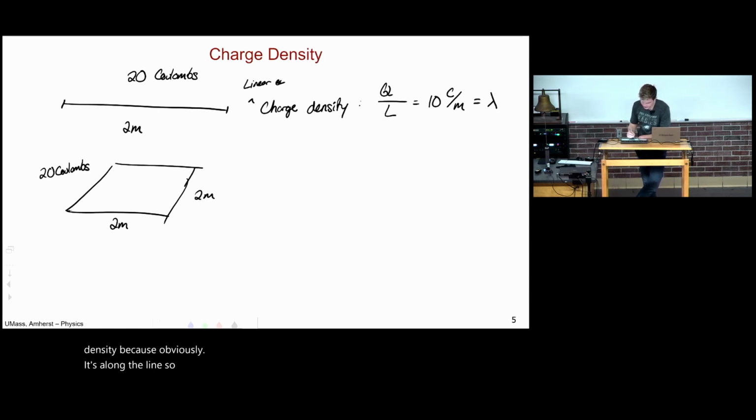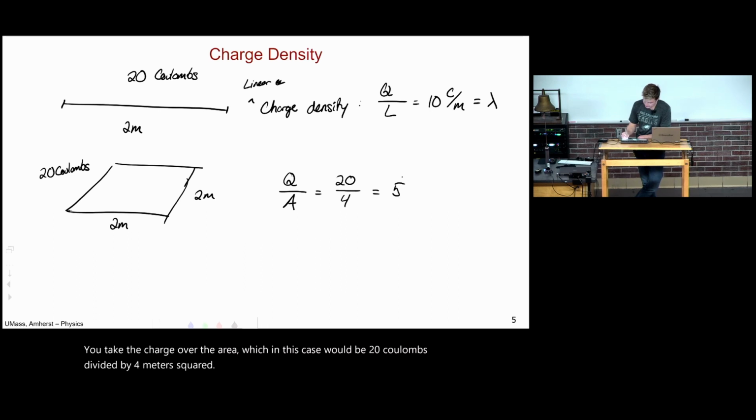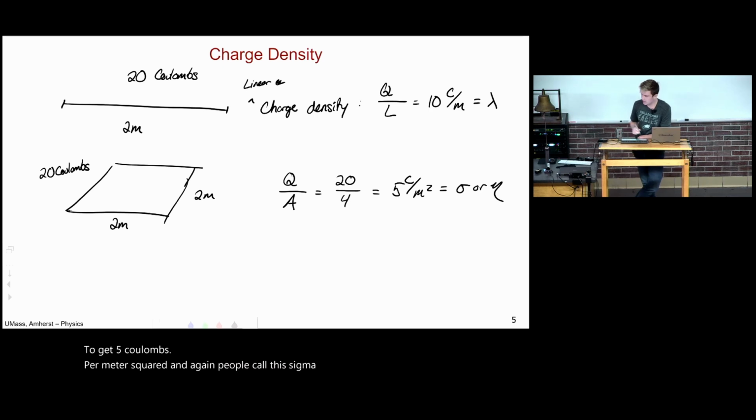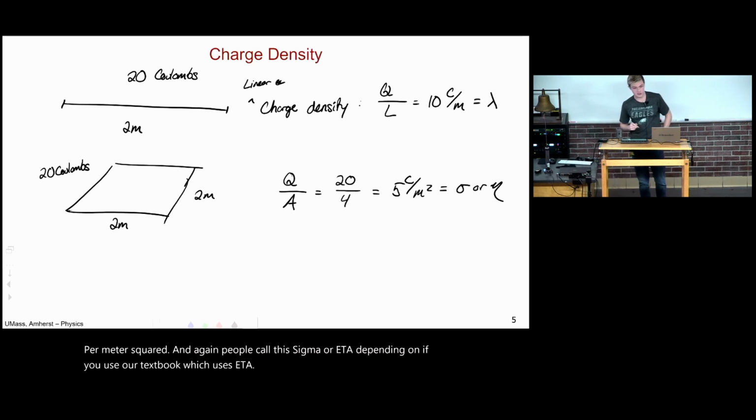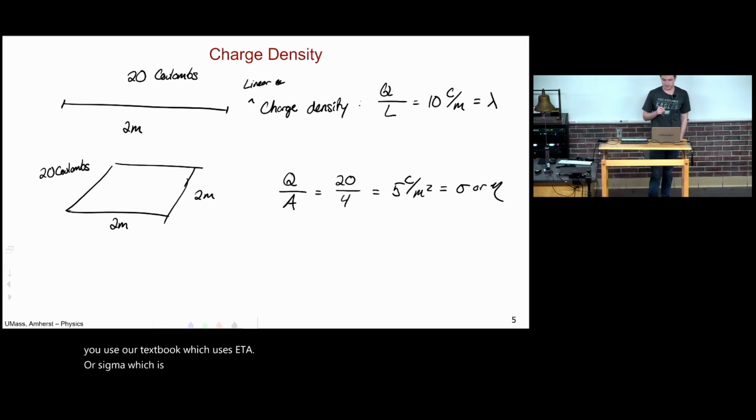Here we have the area charge density, or the surface charge density. You take the charge over the area, which in this case would be 20 coulombs divided by 4 meters squared, to get 5 coulombs per meter squared. And again, people call this sigma or eta, depending on if you use our textbook, which uses eta, or sigma, which is the rest of the world.